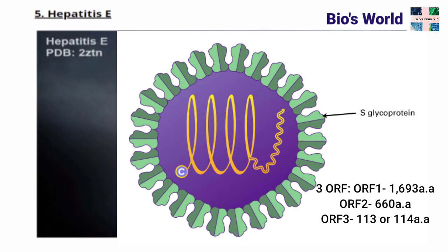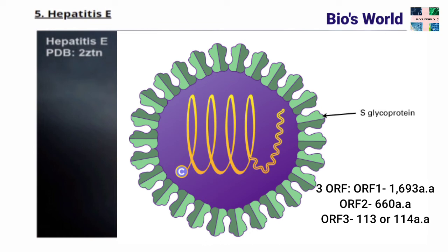Next is ORF2, which encodes the viral capsid protein of 660 amino acids that is responsible for virion assembly, interaction with target cell and immunogenicity. Next is ORF3, which overlaps ORF2 and encodes a small protein of 113 or 114 amino acids that is involved in virion morphogenesis and release.